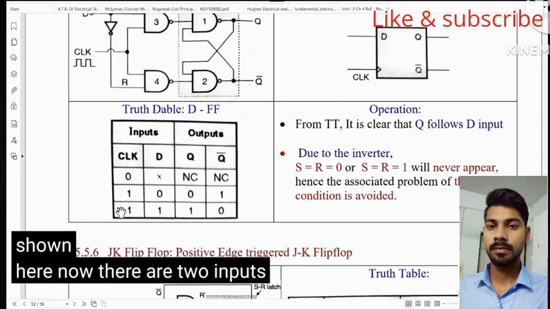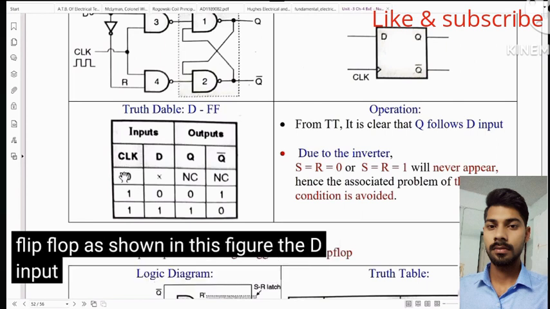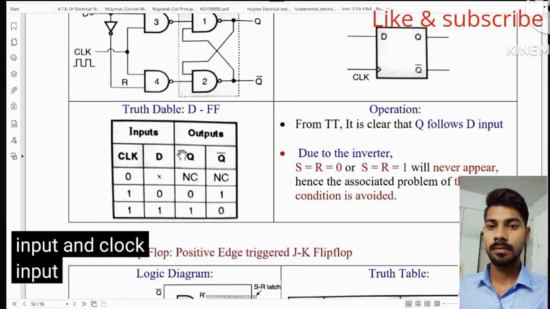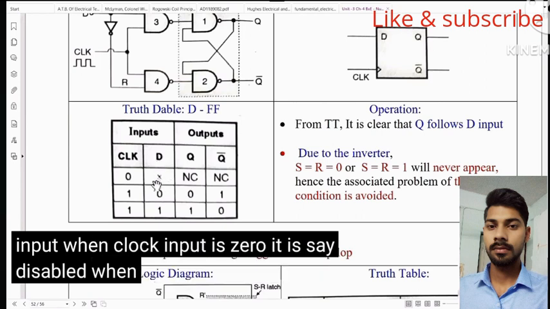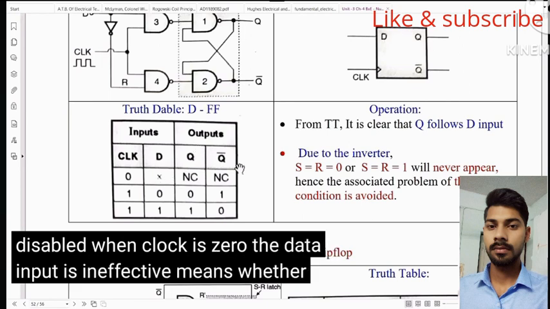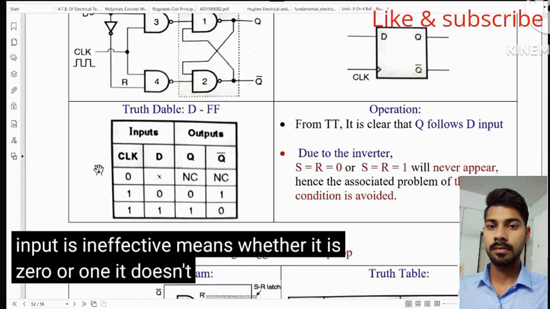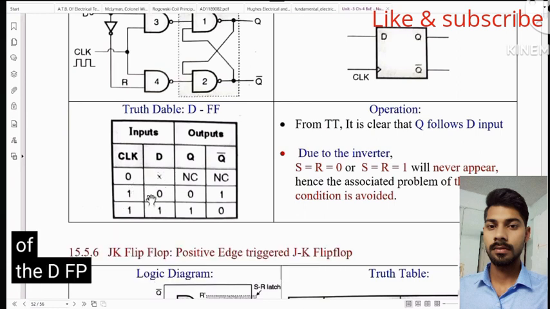The truth table of D flip-flop is shown here. Now there are two inputs to the D flip-flop as shown in this figure, the D input and clock input. When clock input is 0, it is disabled. When clock is 0, the data input is ineffective, means whether it is 0 or 1, it doesn't affect the output of the D flip-flop.